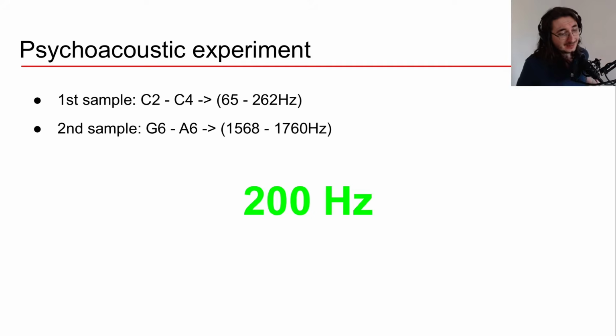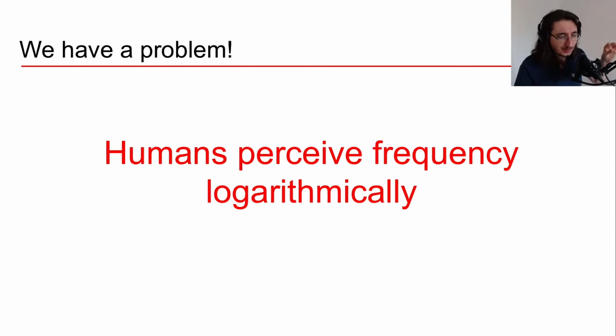This basically means that the way we perceive pitch is non-linear, and indeed we have way better resolution at lower frequencies than we have at higher frequencies. Specifically, humans perceive frequency logarithmically. And this is a problem that we have with vanilla spectrograms, because, as I said, frequency is expressed linearly in vanilla spectrograms. And so we don't account for the way we human beings perceive it.